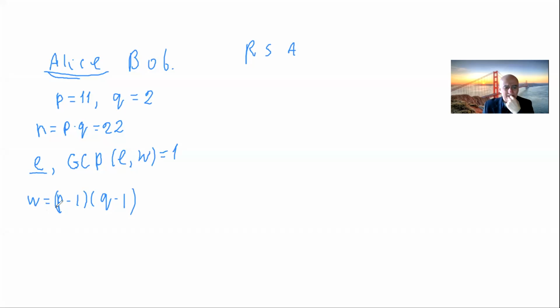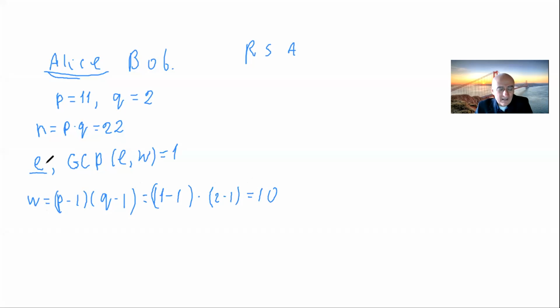So in our case, what is W? W is 11 minus 1, times 2 minus 1, and this is 10.